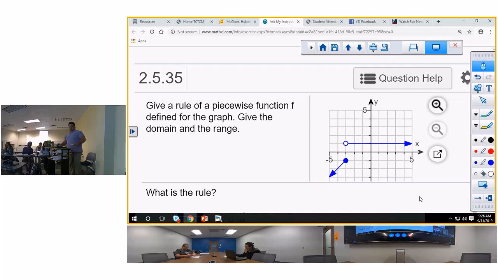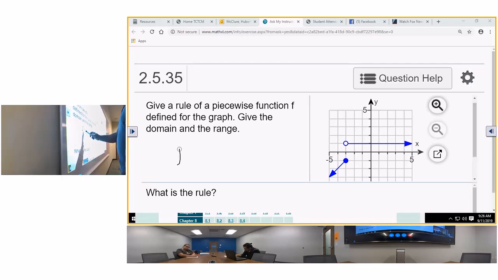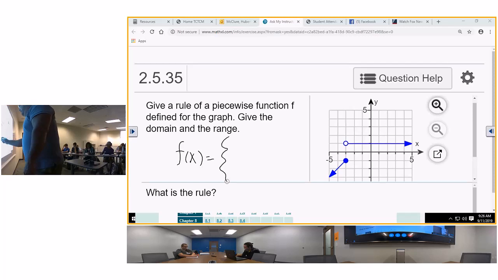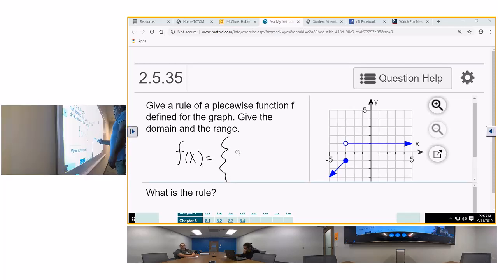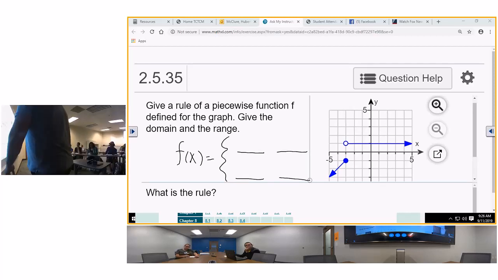That means I want you to write f of x is equal to a bracket, and then put one function here, the domain there, one function here, and the domain there. That's what they're wanting.